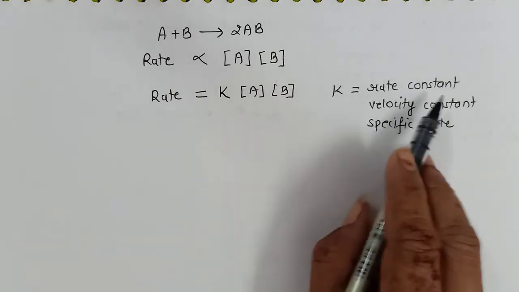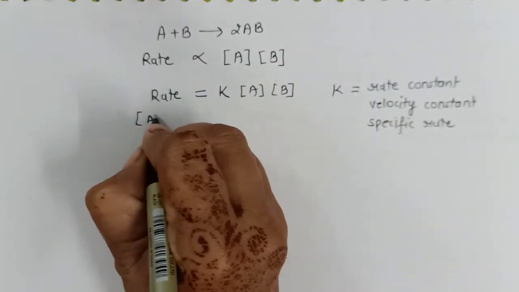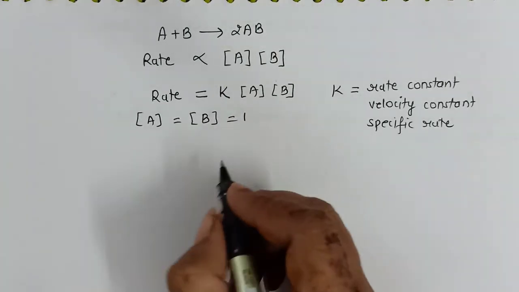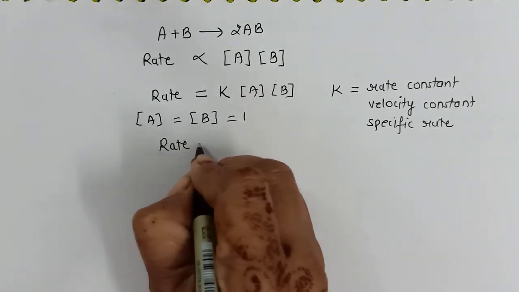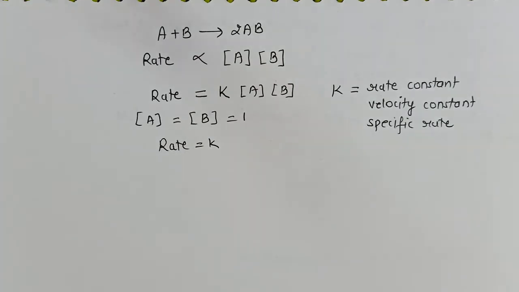Now suppose I want to define this rate constant. How will I define it? If the concentration of each of the reactants involved in the reaction is unity, like the molar concentration of A and the molar concentration of B is 1, then obviously rate becomes equal to K. That is, the rate of the chemical reaction becomes equal to the rate constant. So how can we define the rate constant?